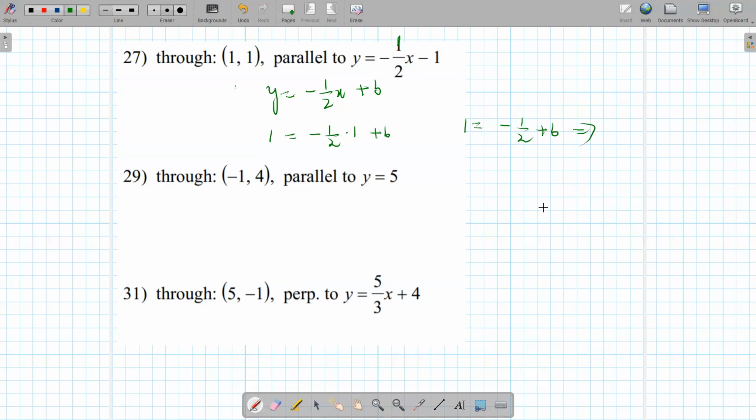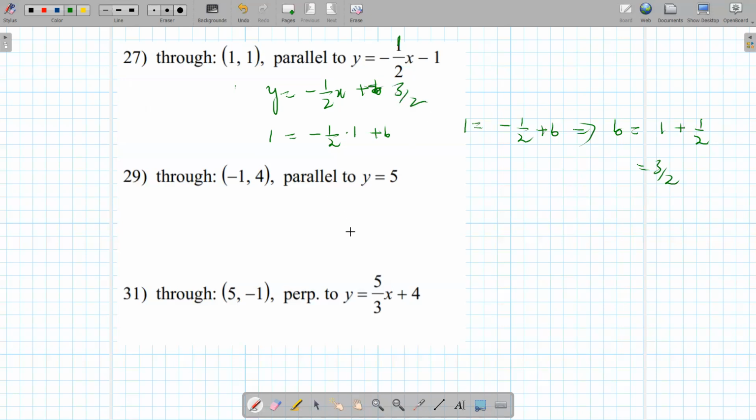You add 1/2. Yes. So what is 1 plus 1/2? 3/2. Yes. And then you just plug 3/2 in here, and that'll be the final answer.